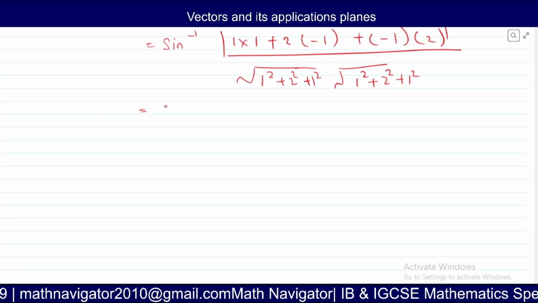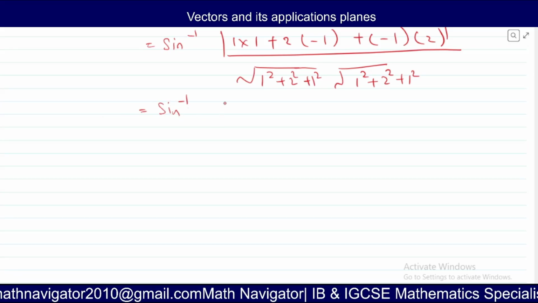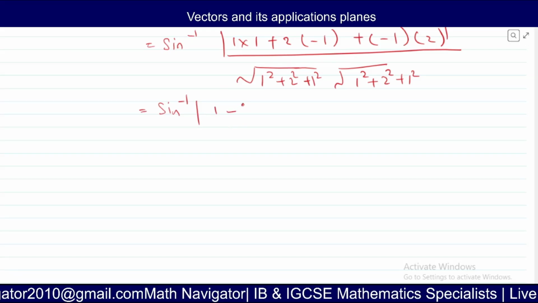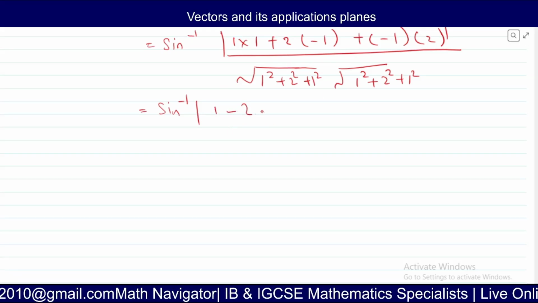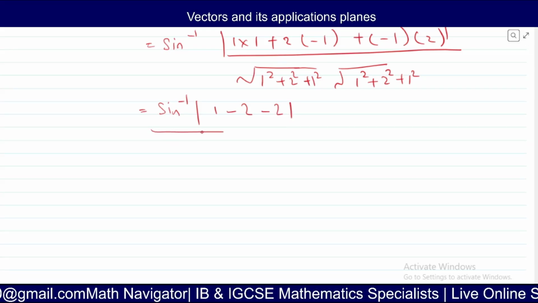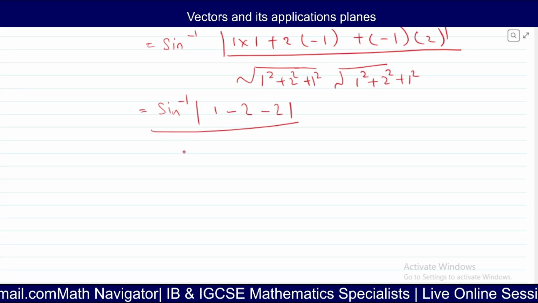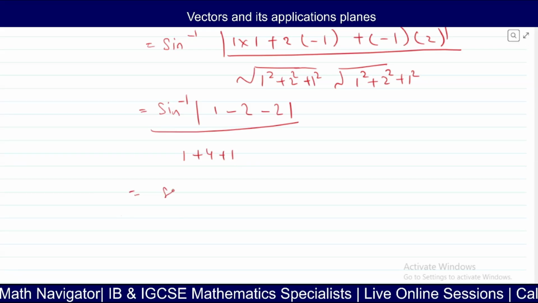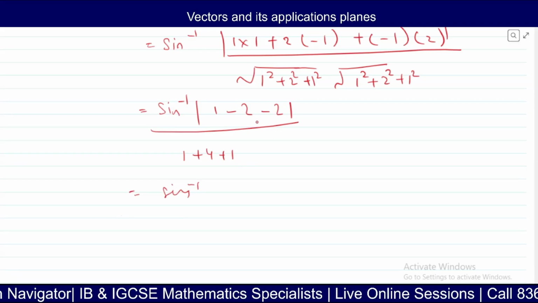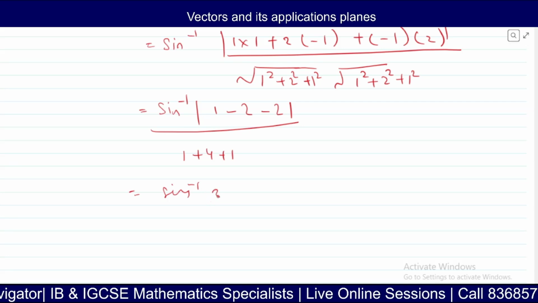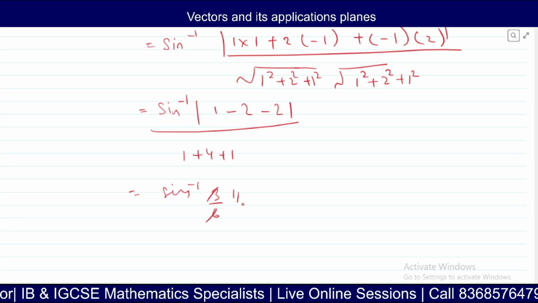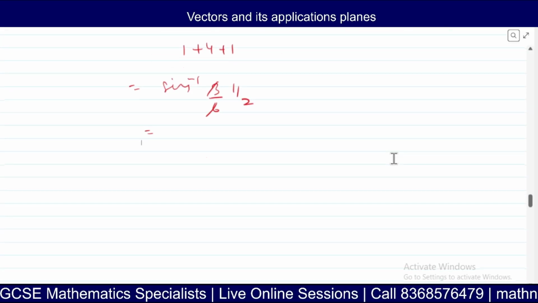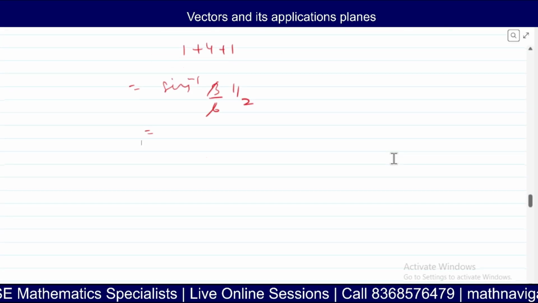This will become sine inverse of 1, -2, -2 over 1 square, that means 1 plus 4 plus 1. So sine inverse of -4, -3. So 3 by 6, that means half. So sine inverse half. What is sine inverse half?